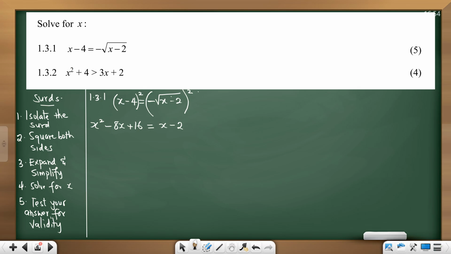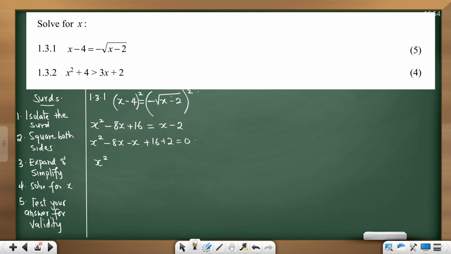I want to pause and ask if you are okay. Are we okay there? So now we can simplify. Bring everything over. x squared minus 8x minus x plus 16 plus 2.